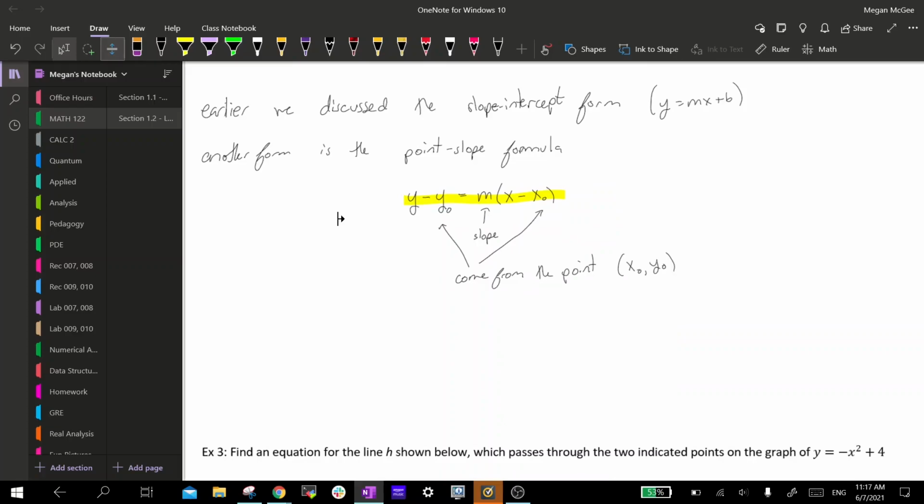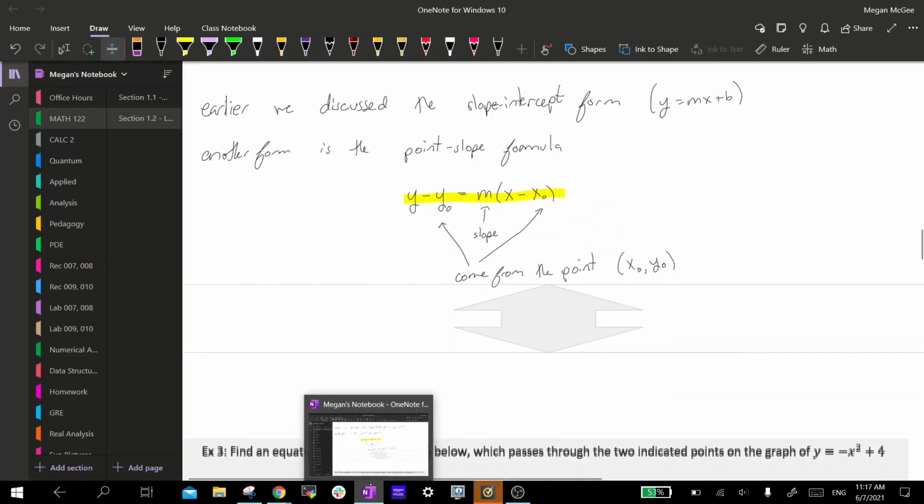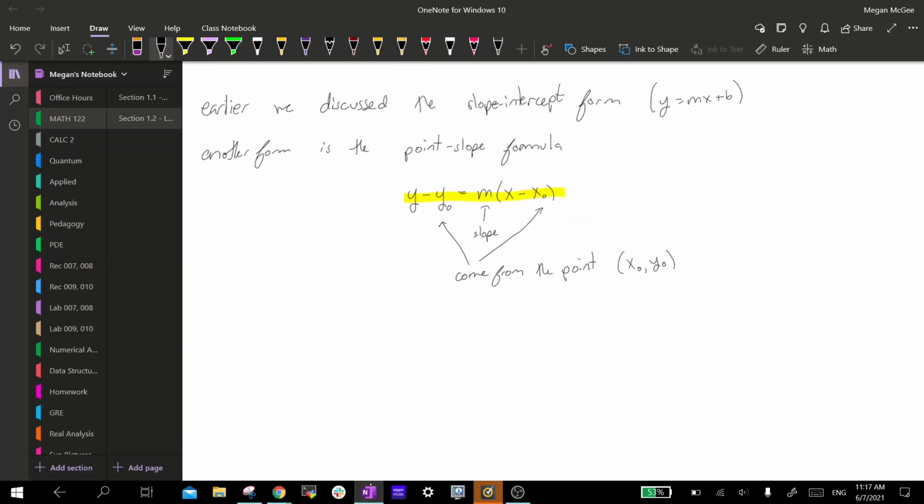Okay. So how could we use this? Sometimes you'll be given 2 points and asked to find the equation of the line.